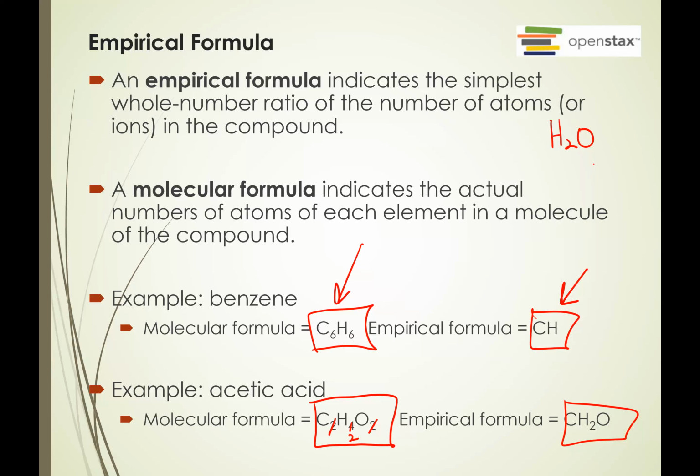How about CaCl2? Can you simplify that? Nope. So sometimes the molecular and the empirical formula are the same. Okay, so what about C6H12O6? Can you simplify that? You can. What would that simplify to?